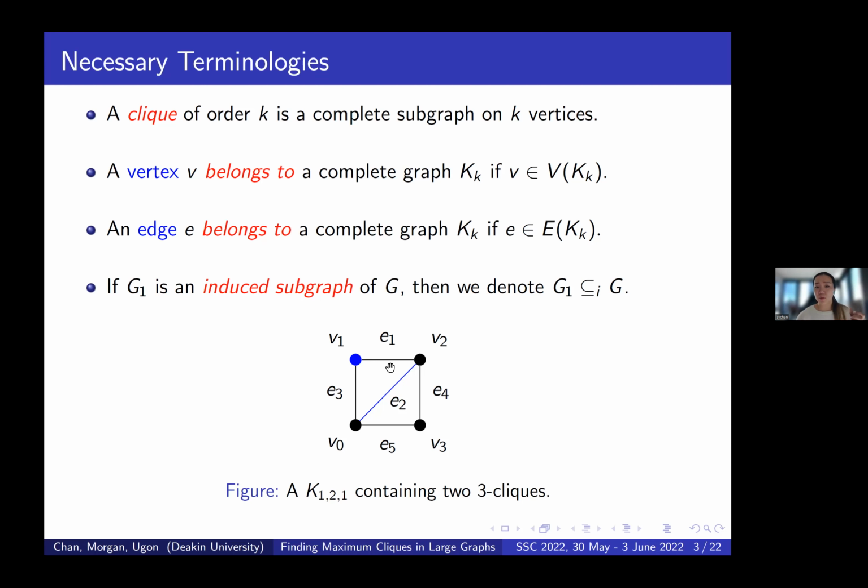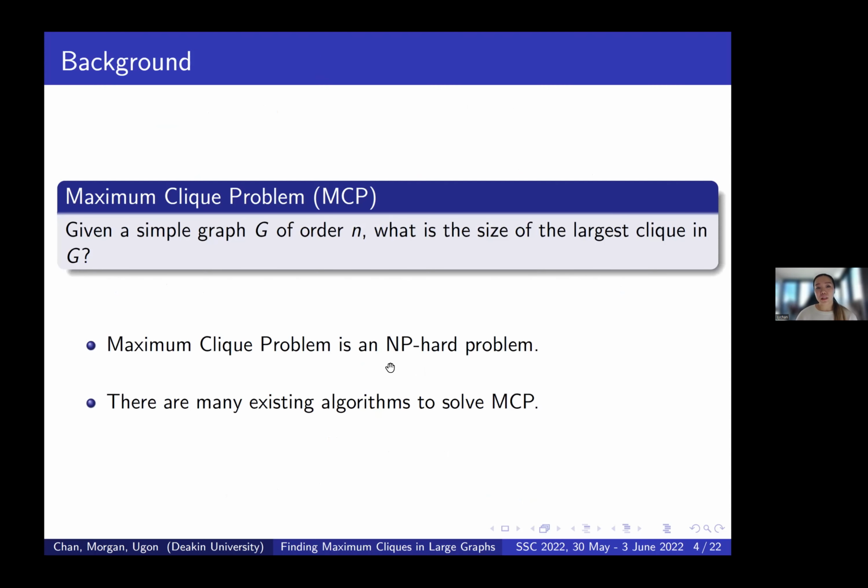I'll also be using the notation here for an induced subgraph. So we use this notation that if G1 is an induced subgraph of G, say. All right. So what is the maximum clique problem? The maximum clique problem asks, for any graph G, what is the largest clique, or the maximum clique, that can exist in G?